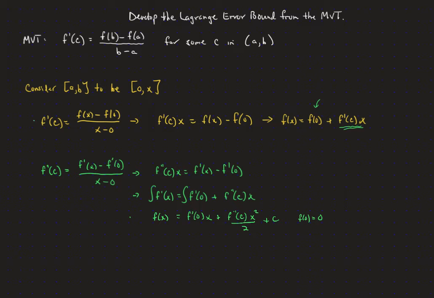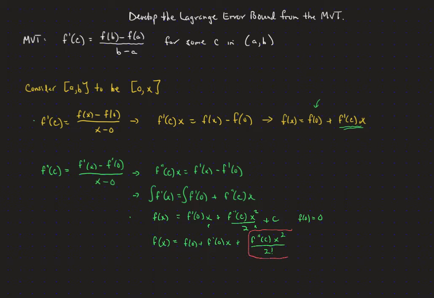Plugging in 0 for x just makes these terms 0, and we'll get that the constant is f of 0. So we're going to get f of 0 plus f prime of 0 times x plus, and here's our remainder term, f double prime of c over 2, which is also known as 2 factorial, times x to the second.